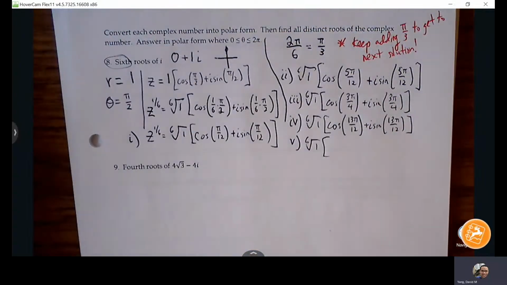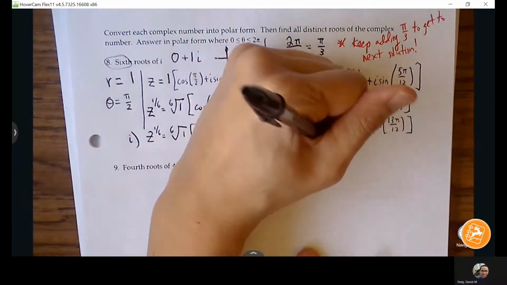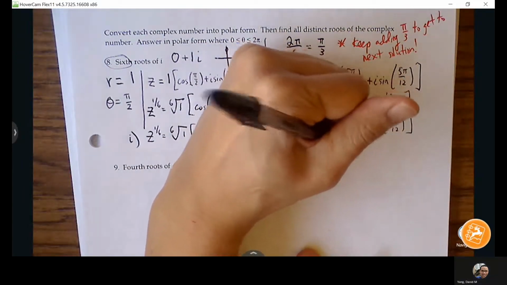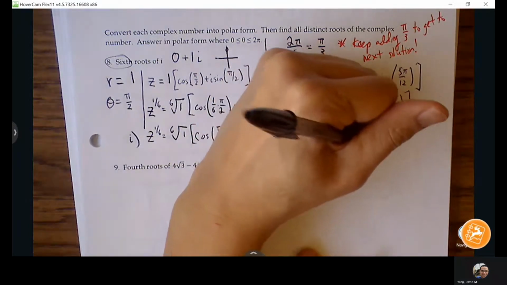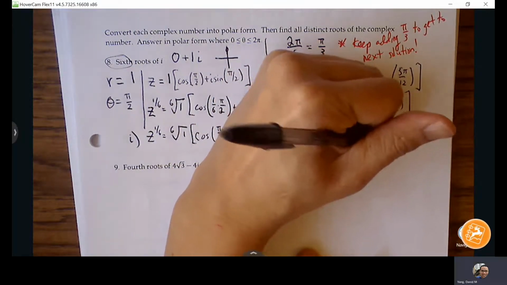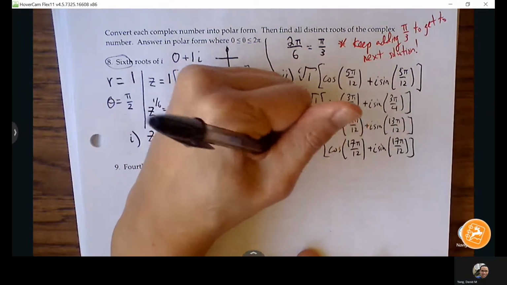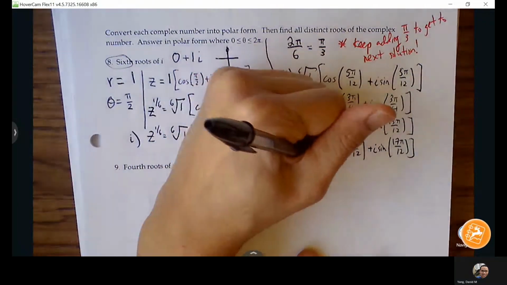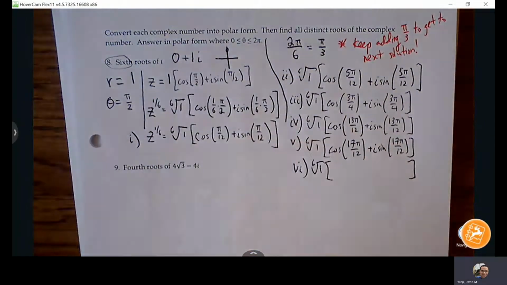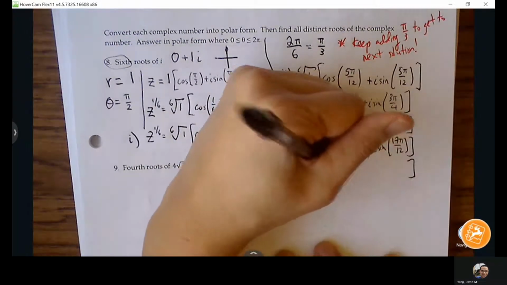Add 1/3 again. 17/12. And then add 1/3 again. 7/4.